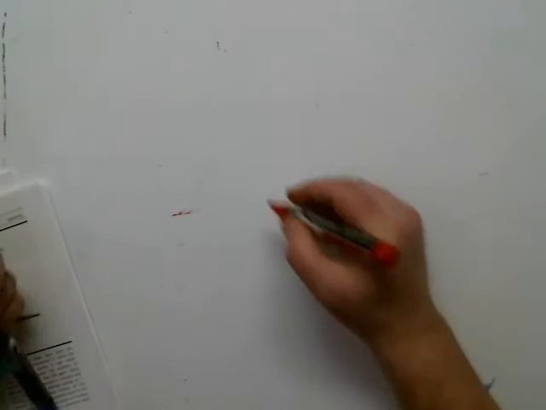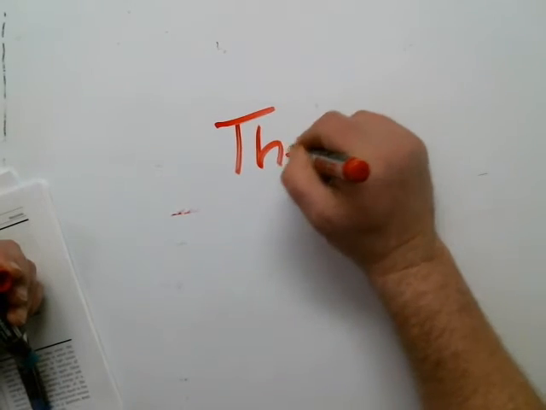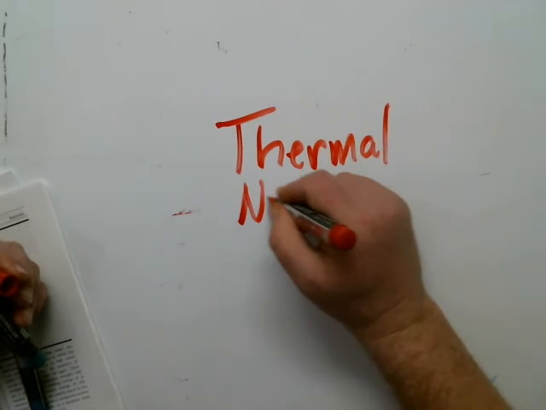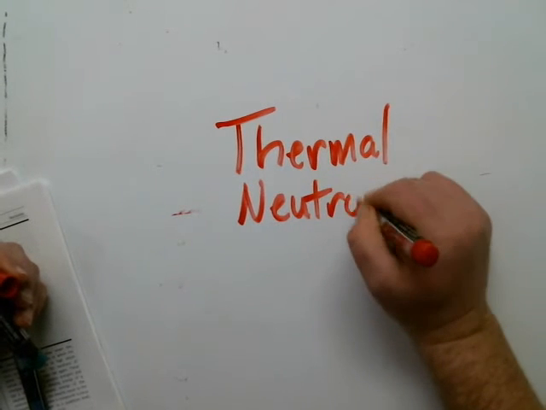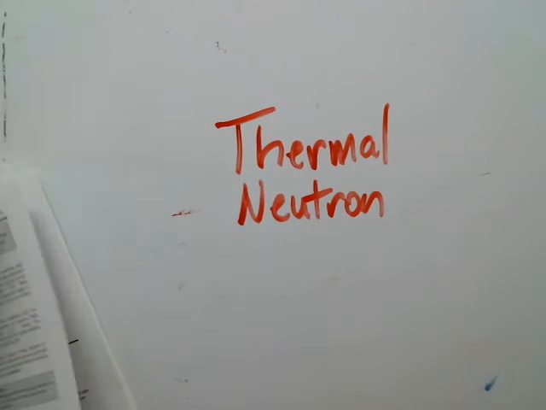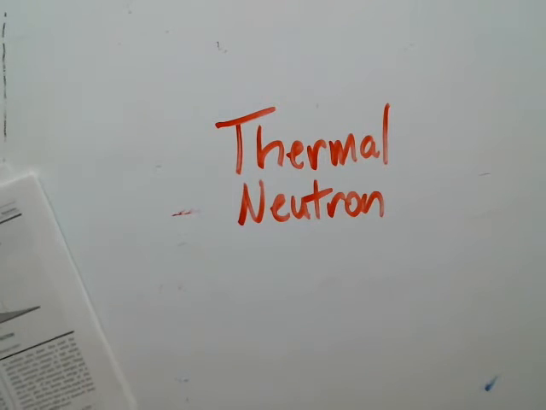And it is called a thermal neutron. The definition of a thermal neutron is one that is at equilibrium with its surroundings. That's key.